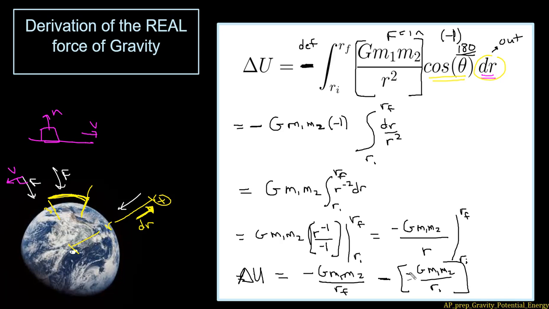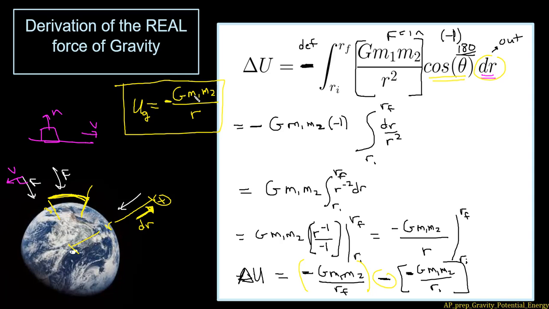If this is the change in U, it should make sense that the general formula for U is negative, right? Because this negative is part of the final answer. This negative is from the difference, final minus initial, but this minus is in both of those terms. So the real formula for the stored energy, UG, is negative G M1 M2 over R.